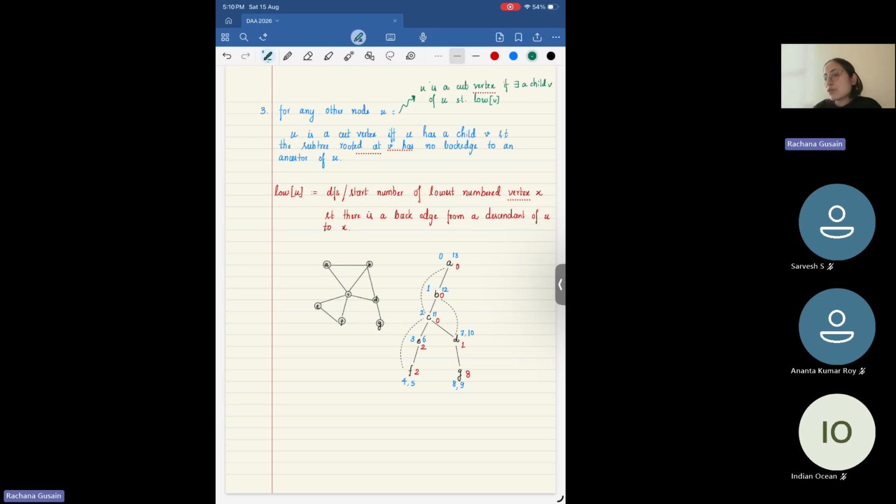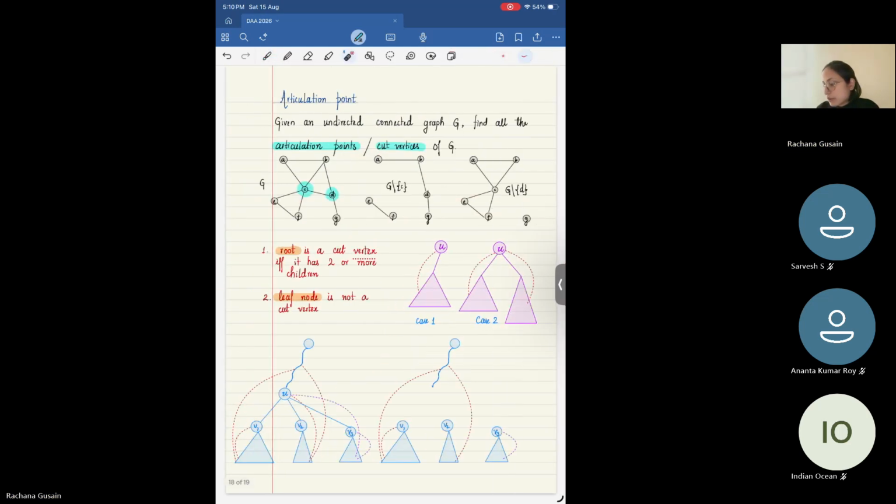Look at this figure now. In this figure, u is a cut vertex because it has a child. What is the low of this child? It is equal to the DFS number of u.